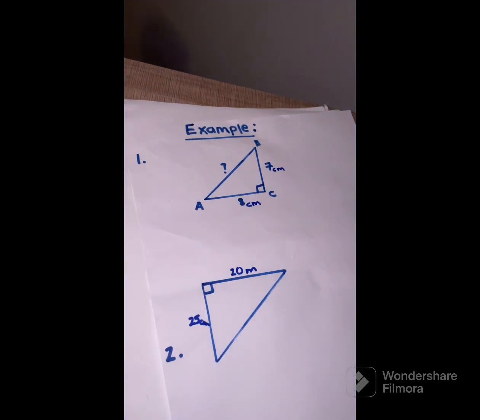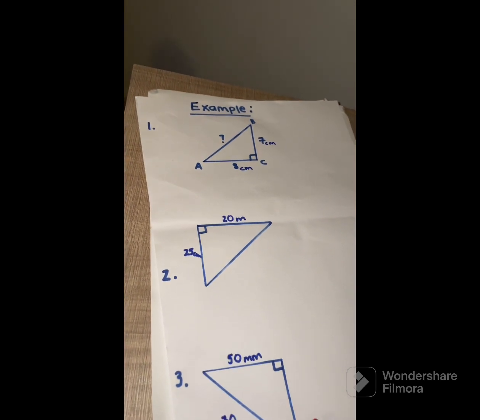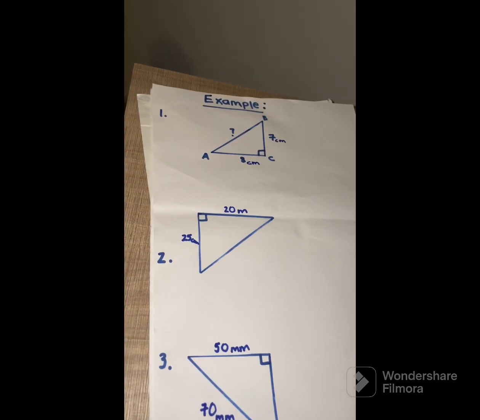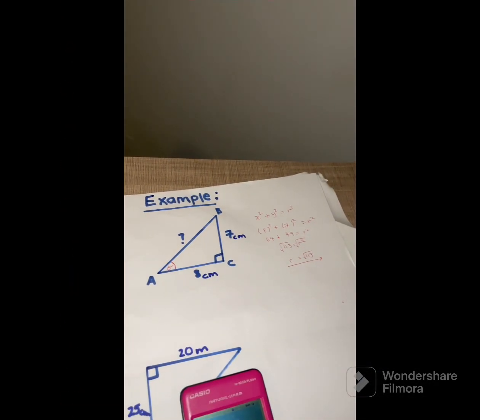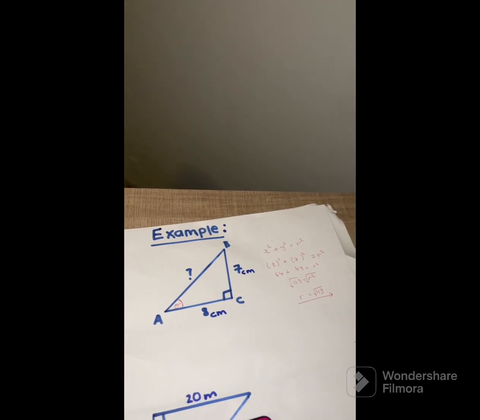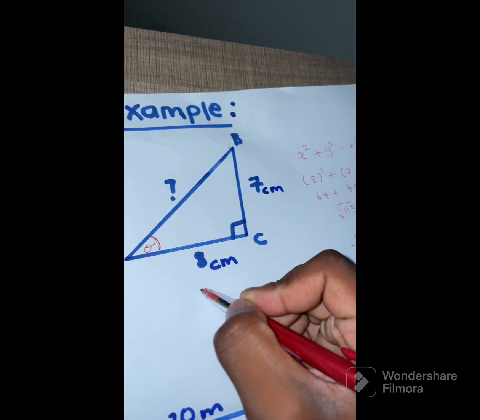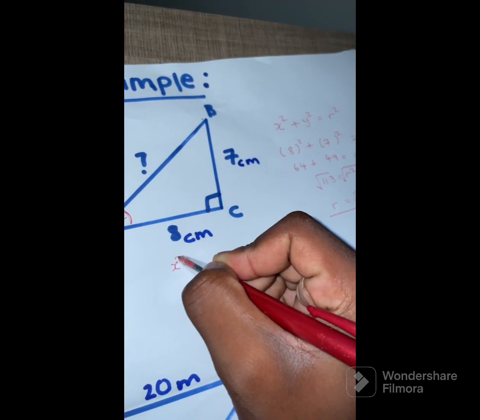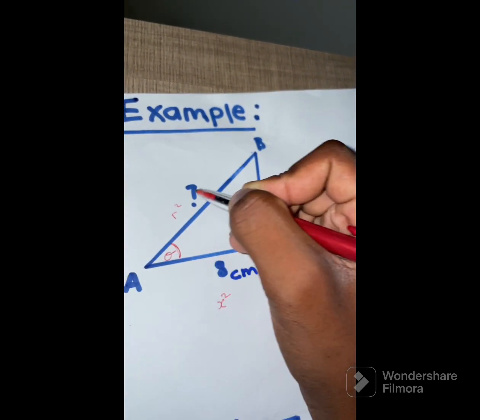Guys, I just wanted us to look at a few examples that I've drawn for you. So we have example number 1. I've done example number 1 for you, so I'm just going to explain how I've done it. You have your x squared this side, your y squared that side, and your r squared that side.